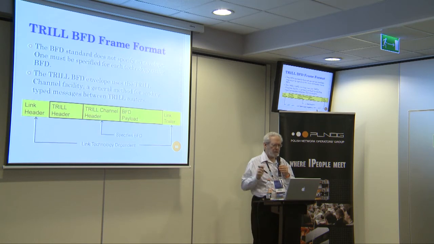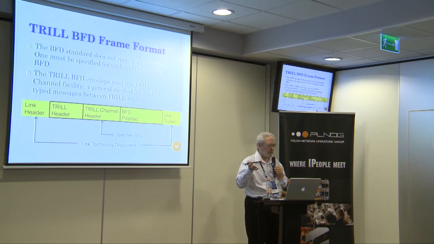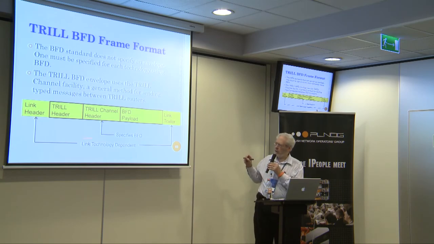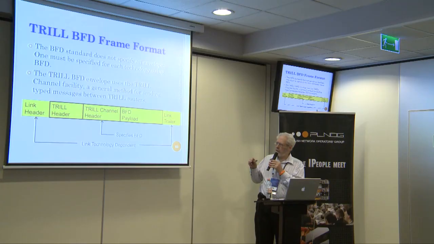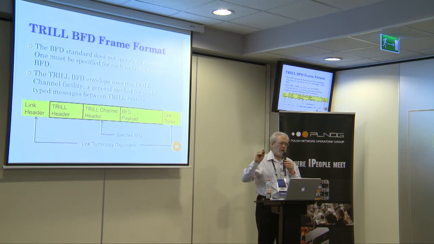This is the BFD frame format, and this has actually been approved as a standard. I mentioned there's a Trill or RBridge channel feature where you can specify a protocol, and the RBridge channel is intended for communication between RBridges themselves, other than IS-IS, which is a special case, not between end stations. So you have our Trill channel header, which specifies BFD, and then this BFD payload is exactly the same as it is in other protocols.